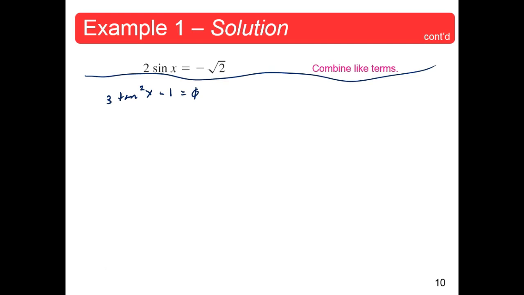What would you recommend doing with that? Okay, you want to add 1 to both sides? Okay. And that gives you 3 tangent squared x equals 1. What we're doing is isolating the trig function. We do that first by moving terms that don't contain it, or if they're on the other side that do contain it, over to the same side. And so we've done that, and what's next?